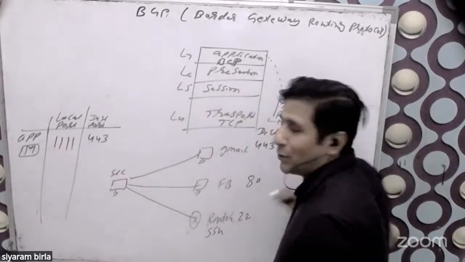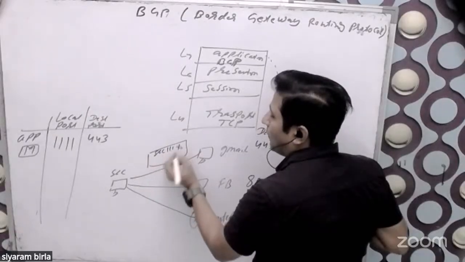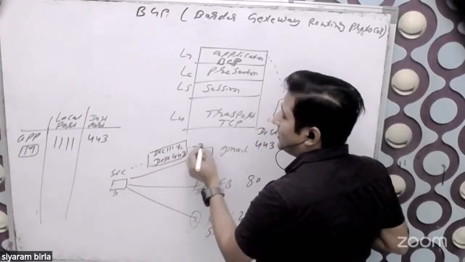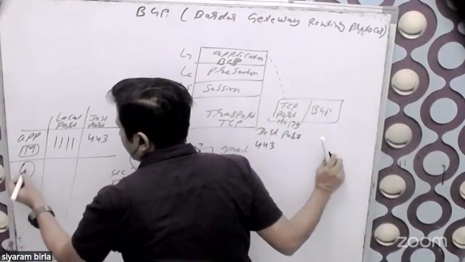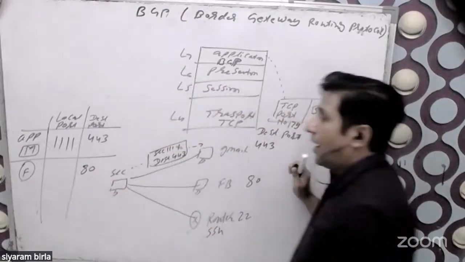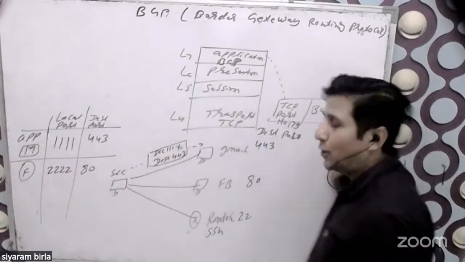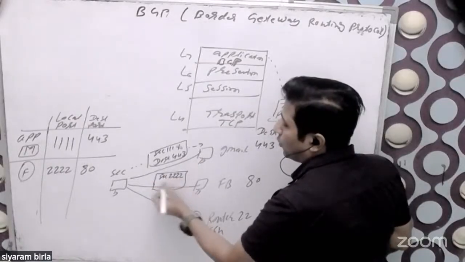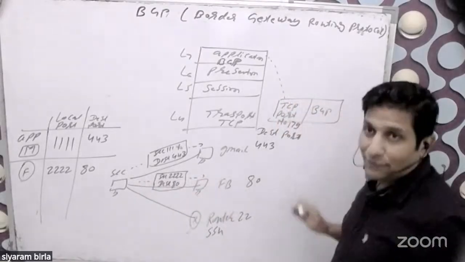It sends the message with source port 111 and destination port 443, and that packet is sent to Gmail. Similarly, this is my Facebook, and its port number is 80. It uses local port 222, so it creates a packet with source port 222 and destination port 80, and sends that packet to Facebook.